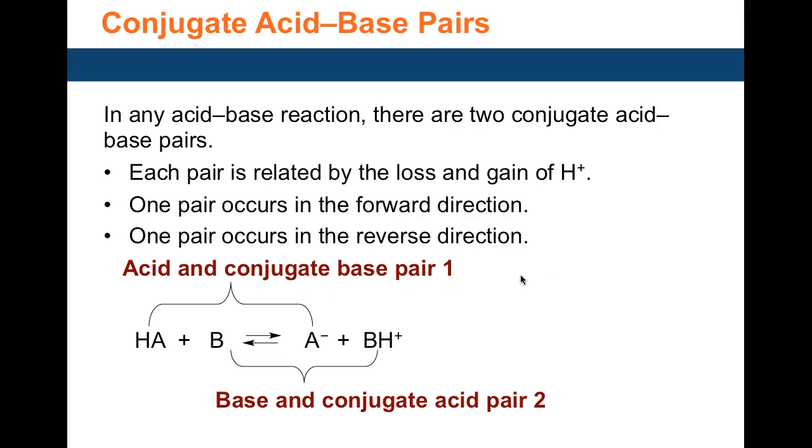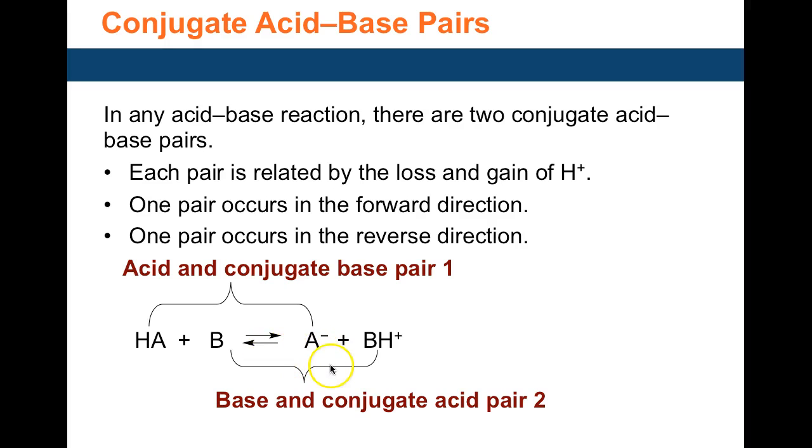Now, because of the way one is a proton donor, the acid is the proton donor, the base is the proton acceptor. Therefore, if you have a reaction which has a double arrow, as in the case of ammonia, it can go both ways.